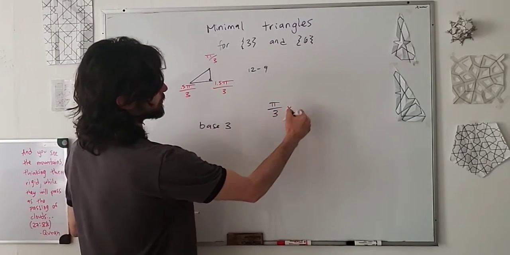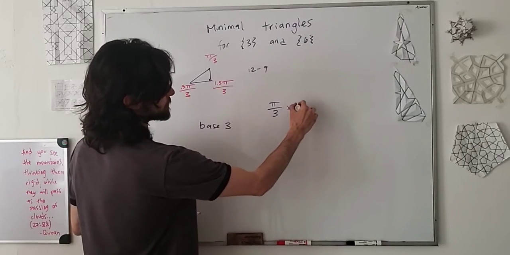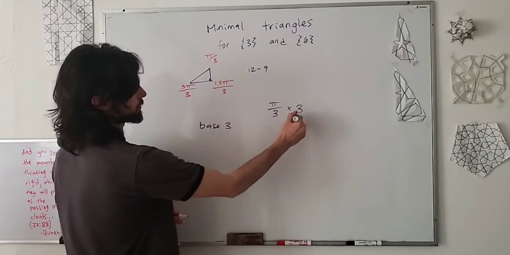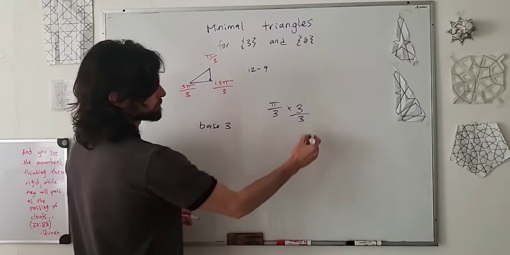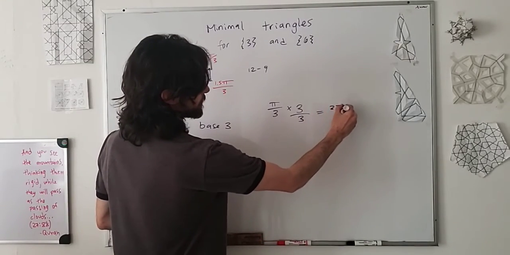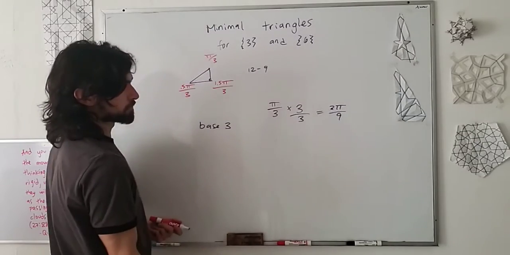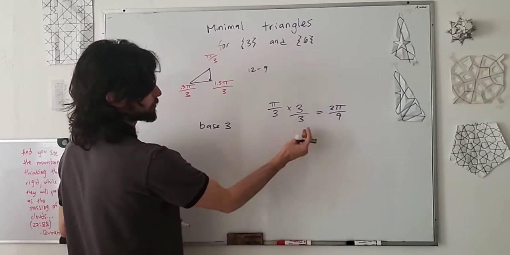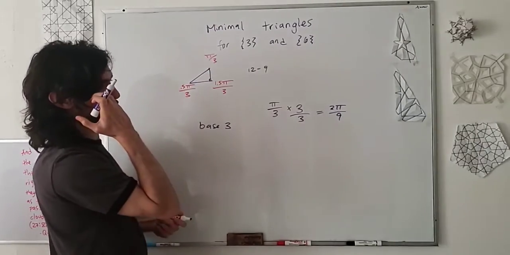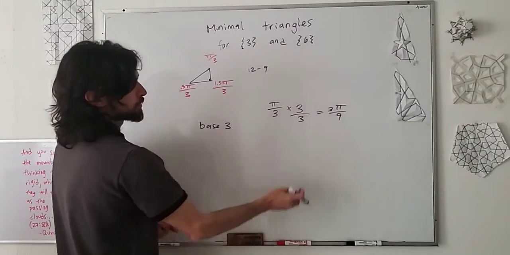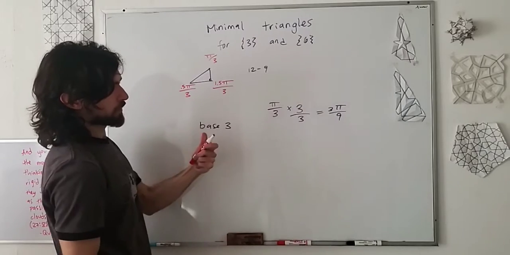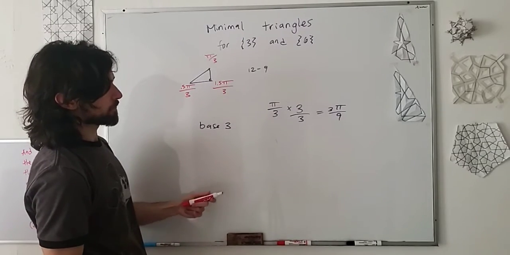We multiply that by 3 over 3 to get base 9, and we get 3 pi over 9. Which is pretty much the same, because we're multiplying by 1. So 3 pi over 9, a whole number, that works, right?